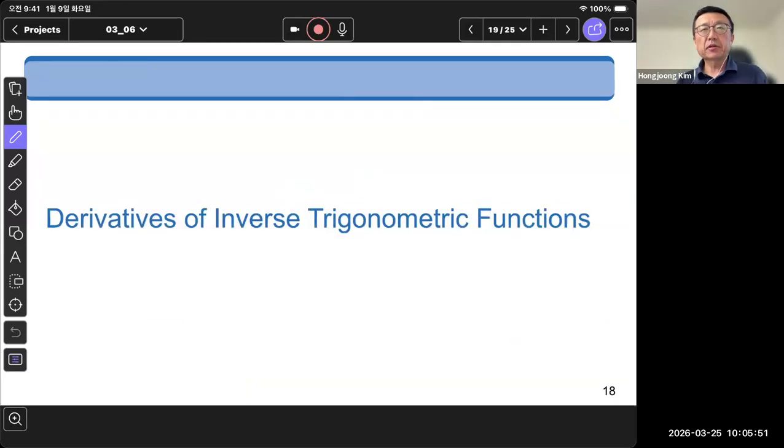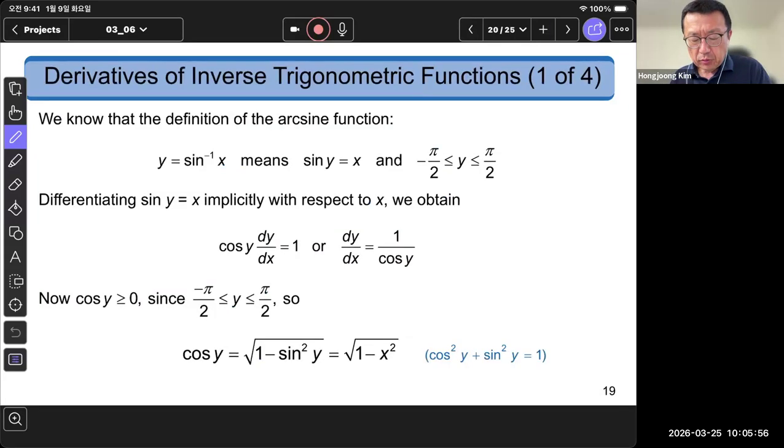Now, let us consider the inverse of the trigonometric functions. So I want to differentiate this function, arcsine. Given this, this means sine y will be x.